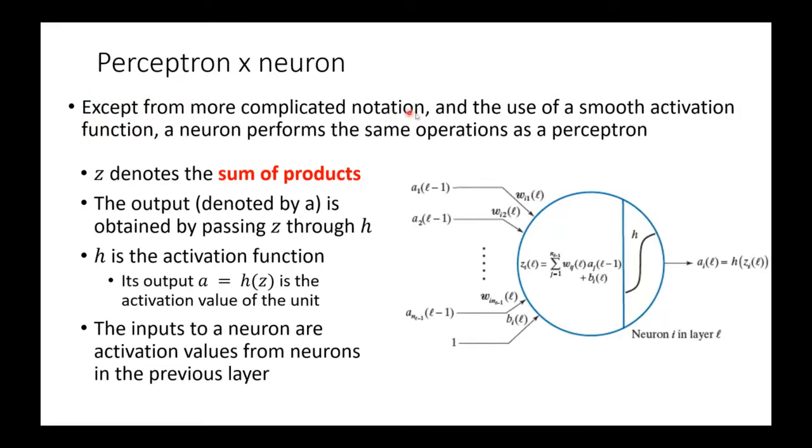Except for more complex notation and the use of a smooth activation function, a neuron performs the same operations as a perceptron. A neuron computes the sum of products. What a neuron is trying to do is to approximate a linear decision boundary, the same way the perceptron was trying to approximate a linear decision boundary.